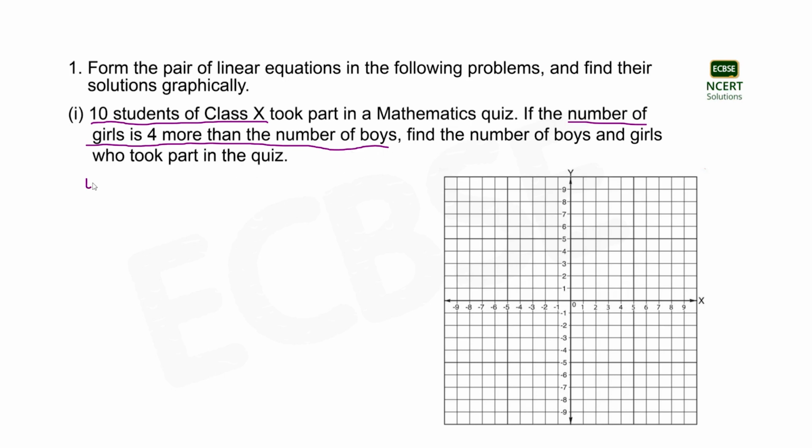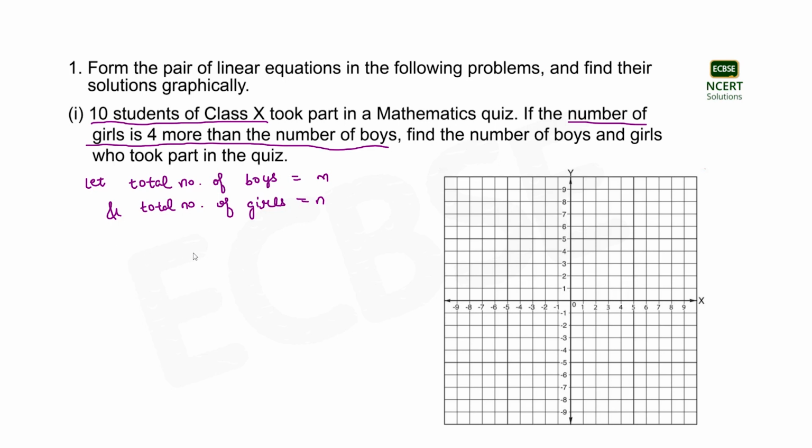So now, starting up, let the total number of boys be equal to m and the total number of girls be equal to n.